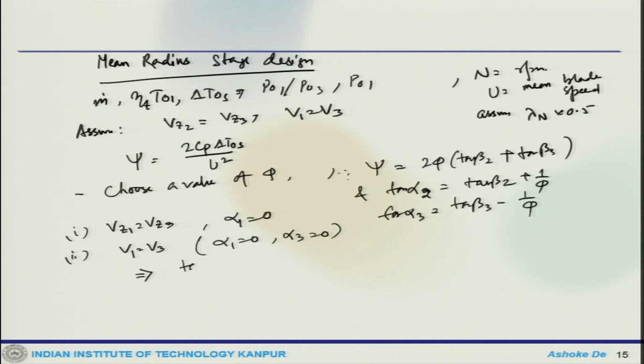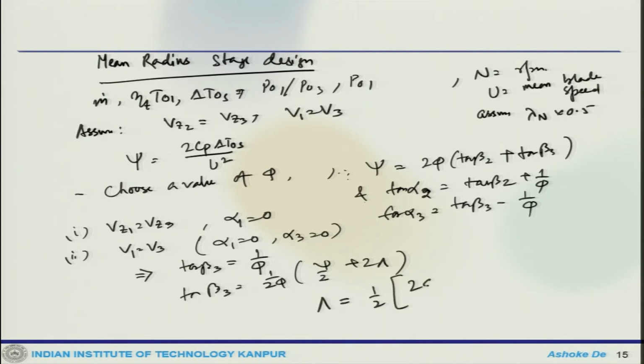So, that gives us tan beta 3 is 1 by phi, and tan beta 3 is 1 by 2 phi times psi by 2 plus 2 degree of reaction. So, here we get half of 2 phi tan beta 3 minus psi by 2.